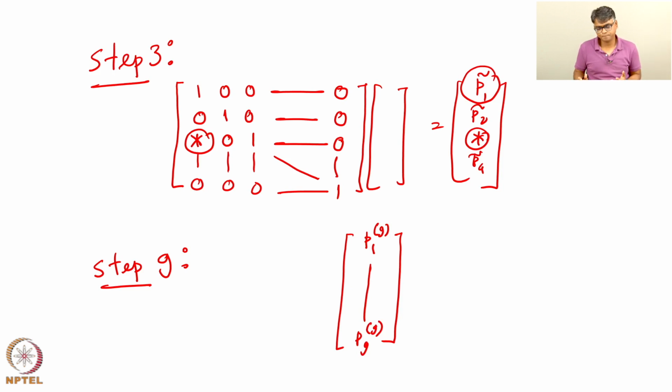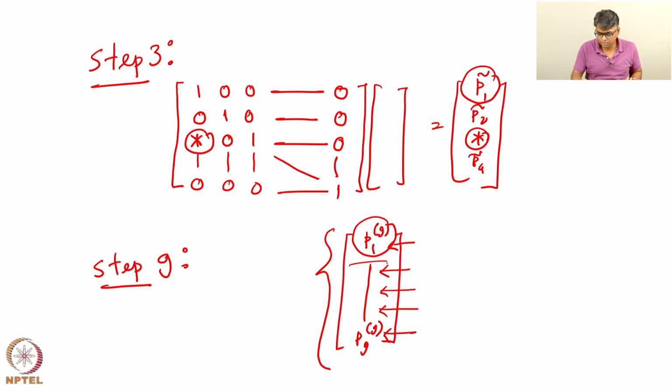What happens then? In the gth step, you see every entry starting from 2 onwards, all these polynomials have degree strictly less than the degree of this one, which then means if I now search through all these polynomials and find the one with least degree, that least degree is guaranteed to be strictly less than the degree of this one, unless all these polynomials have become zero polynomials.